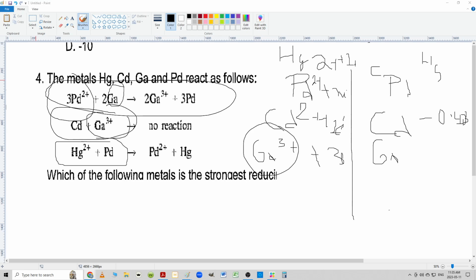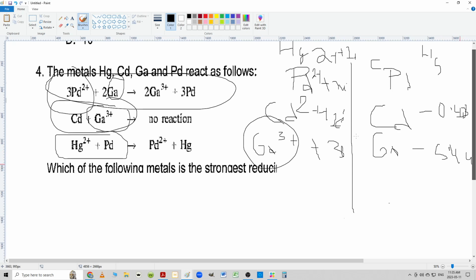And the reduction potential for Ga3+ is negative 0.549. So it would indeed be lower. So I guess we did do it right. And then we're going to look up the reduction potential of Pd2+, and it is positive 0.9.